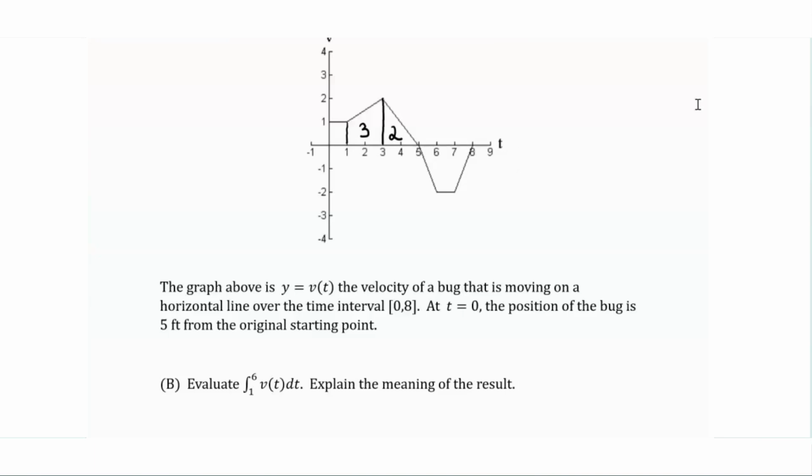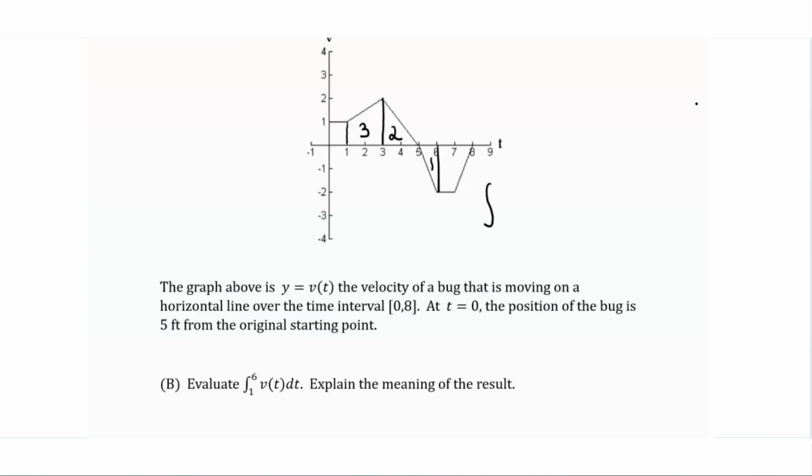Now from 5 to 6, I have a triangle, but now it's below the x-axis and we're moving left to right. That means we're going to have to subtract that area off from the 5. The area is 2 times 1 cut in half, which is 1, but we need to subtract this off of our accumulation of 3 plus 2.